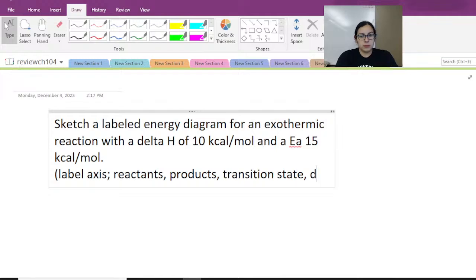What does the EA stand for? Activation energy. But on the exam, it's just going to be that little EA, so you have to know that.